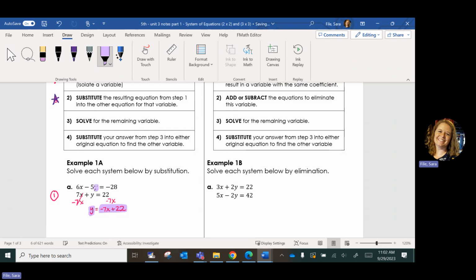So that's right here. I'm going to make this substitution. So my step 2 here, I will have 6x minus 5, and in place of y, I'm going to have parentheses and then this equation, negative 7x plus 22, and then I have equals negative 28.